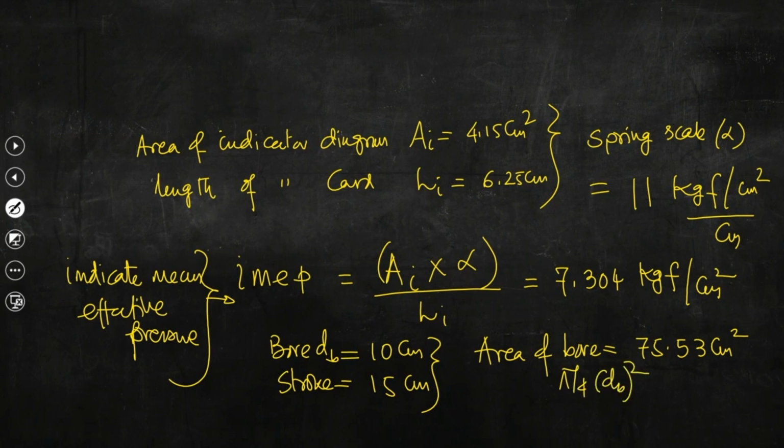Now, if we know the stroke length, then we can calculate the volume. So, this is Vs, that is pi by 4 dB square into stroke length Ls.